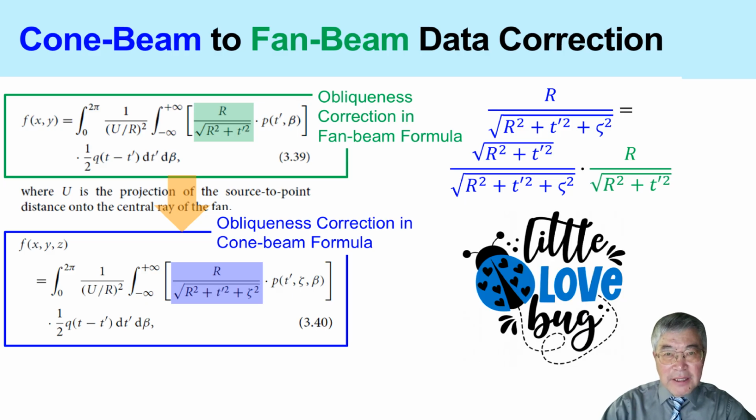So again, the heuristic picture is very useful. We start from the fan beam formula, then add the extra correction needed for the three-dimensional cone beam geometry. This helps us understand why the cone beam reconstruction formula has the form shown here.